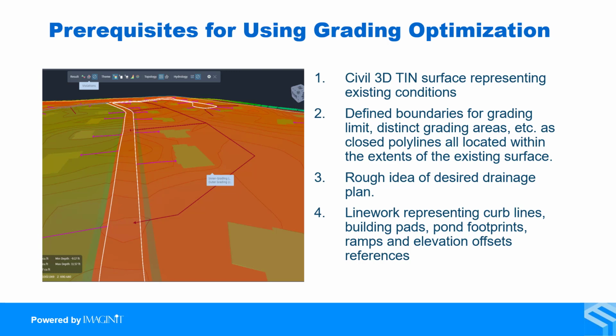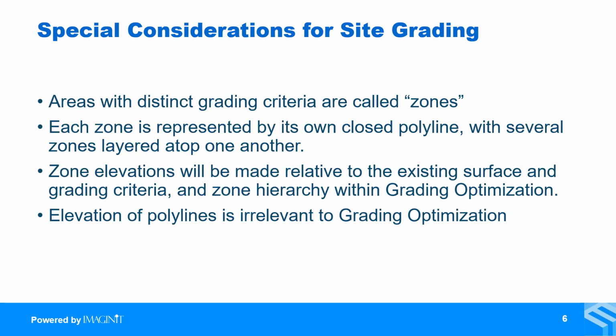Or I could just draw lines and drop in points and have it optimize a solution for me so that I could then define catchment areas, figure out what my drainage would be, etc. Then I also want to do things like adding lines to represent curved lines, building pads, pond footprints, elevation offsets and things like that, so that I can then use these criteria when I go on to actually perform my optimization.